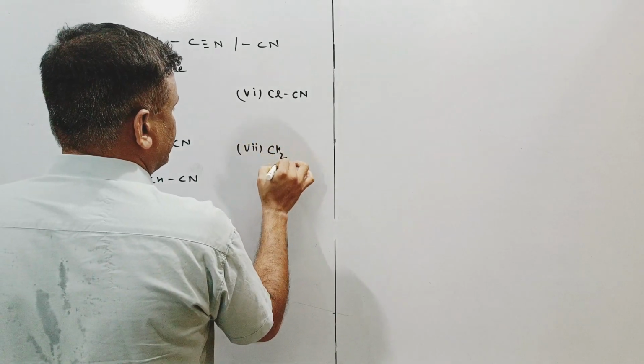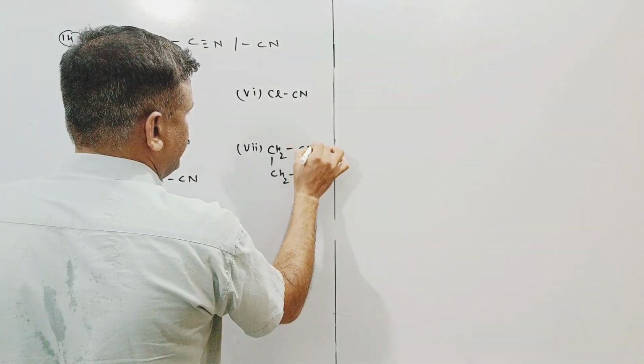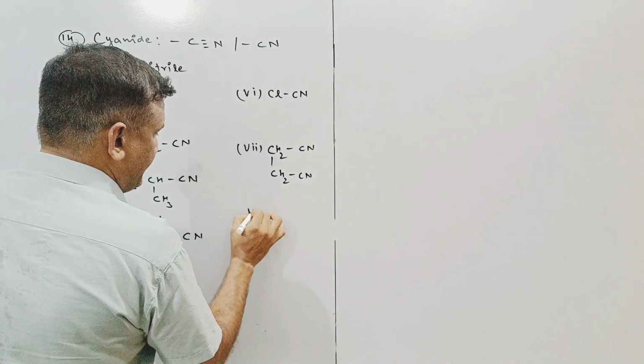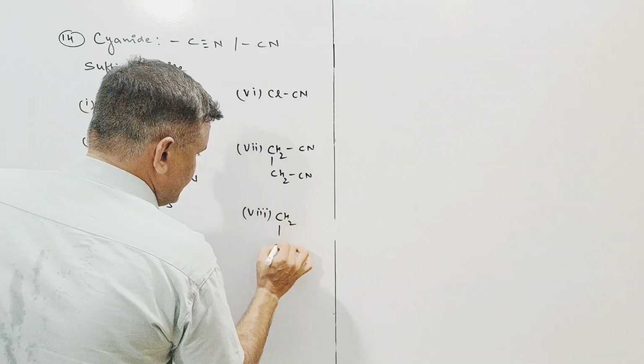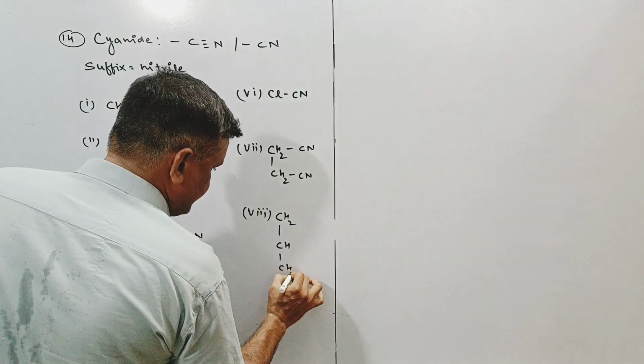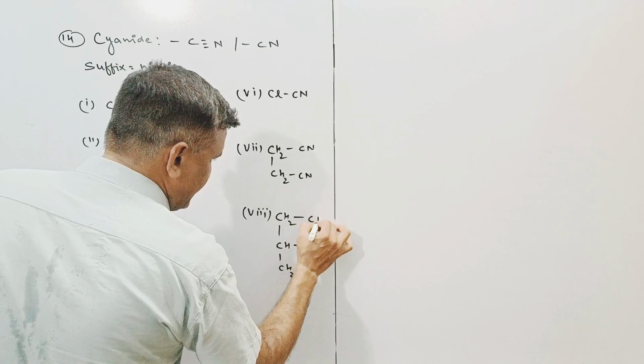We can take more than one substituent as 2 functional groups. The 8th compound we can take is CH2, CH, this is the CH2, this is the CN, and this is the CN.